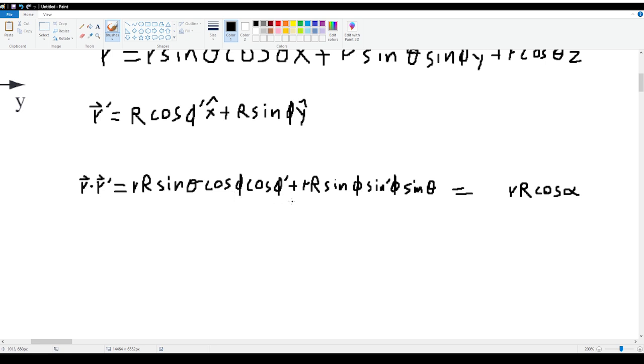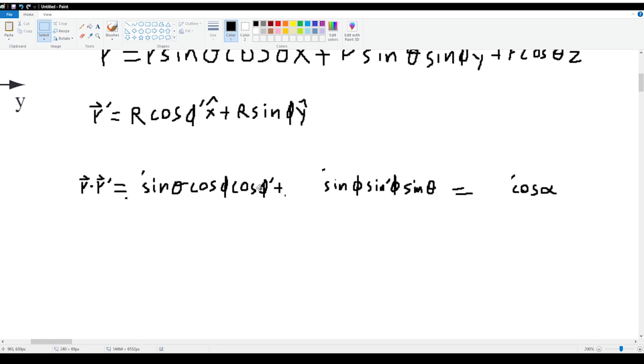Okay, so we can divide by little r big R to get the cosine alpha on its own, and we'll see that these will cancel, and so we'll be left simply with this here, which is the cosine alpha we were looking for.